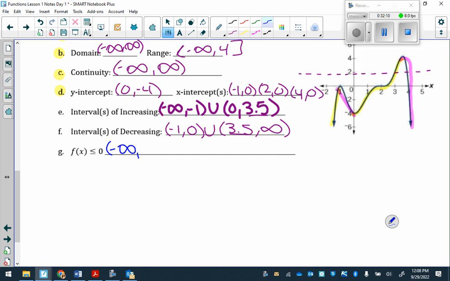So we have negative infinity to negative 1, union negative 1 to 2, union 4 to infinity.